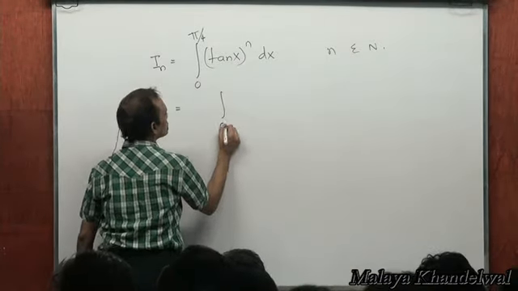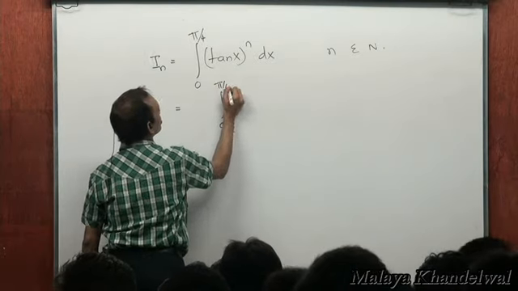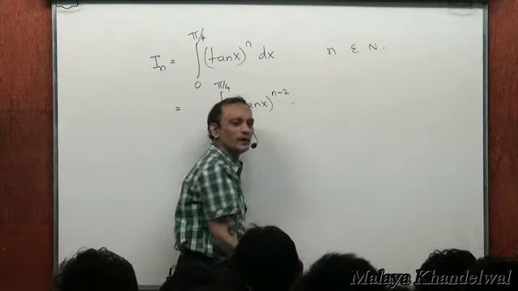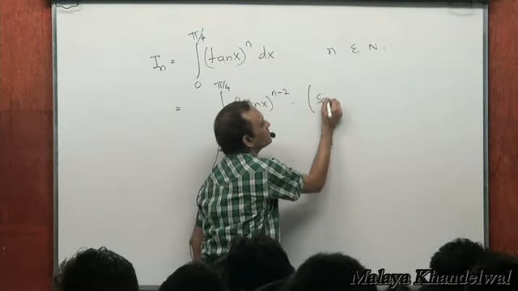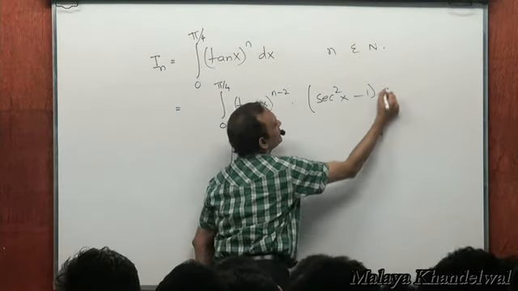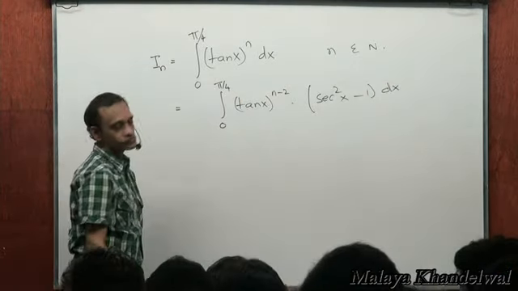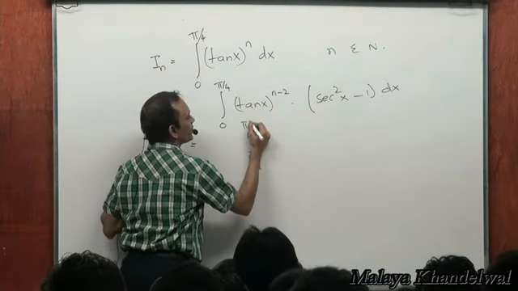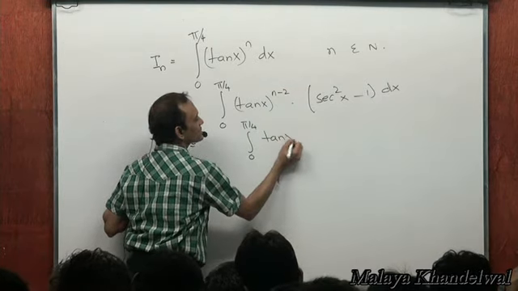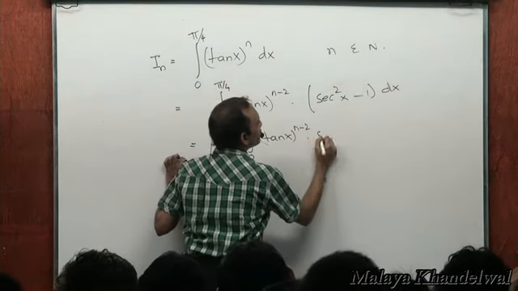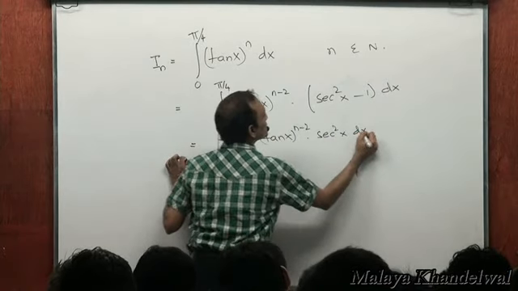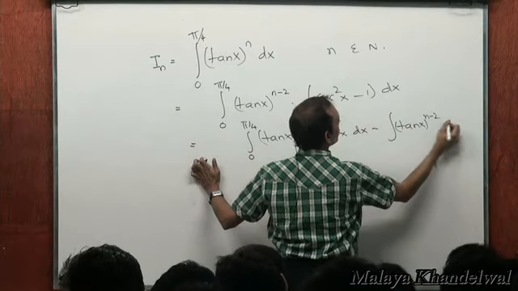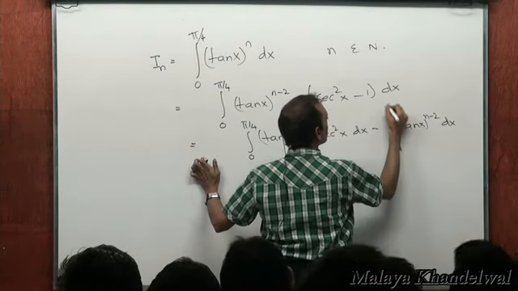This I could write as the integral from 0 to pi by 4 of tan x to power n minus 2 into tan squared x, but tan squared x could be written as sec squared x minus 1, dx. Right, which is to say the integral of tan x to power n minus 2 into sec squared x dx, minus the integral of tan x to power n minus 2 dx from 0 to pi by 4.